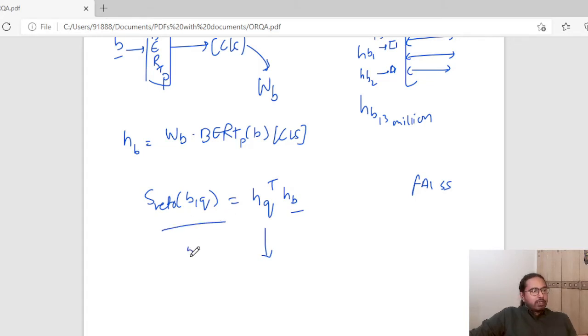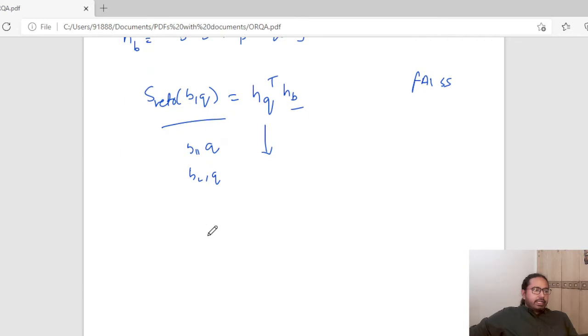So this value will be calculated for B1 and Q, B2 and Q, and so on. Our QA model can't process the entire 13 million paragraphs at the same time, right? So what we do is choose the paragraphs which have the highest S retriever score.